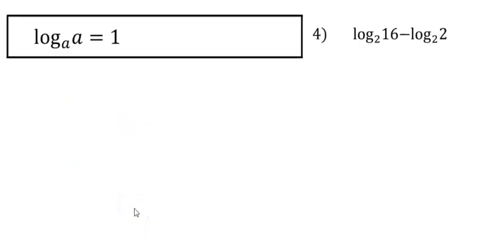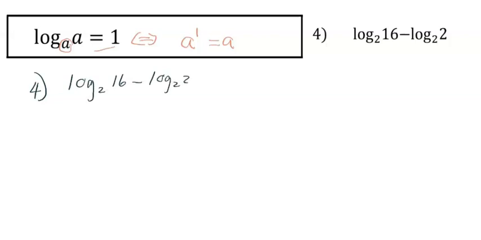If I look at the next rule, then I see that log to the base of a of a itself is just 1. Remember, from the definition, we can say that log base a of a equals 1 if and only if a to the power of 1 is equal to a. So this is what the law says. So if I look at number 4, I'm going to do it here. Log base 2 of 16 minus log base 2 of 2.